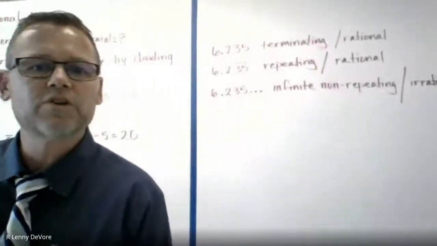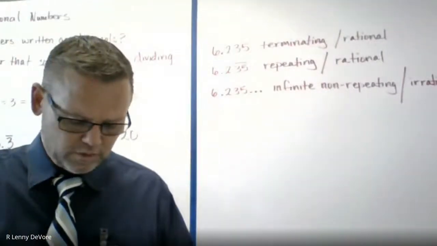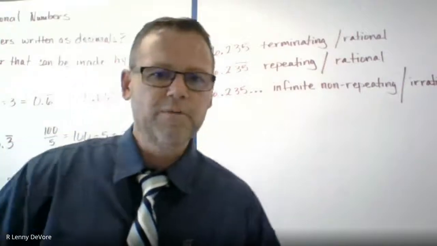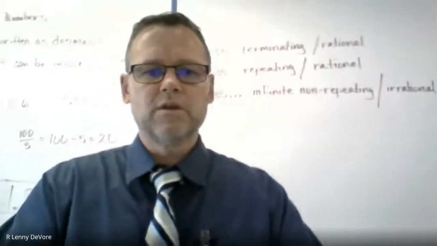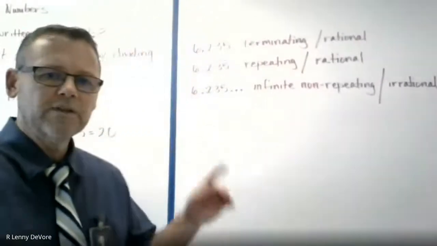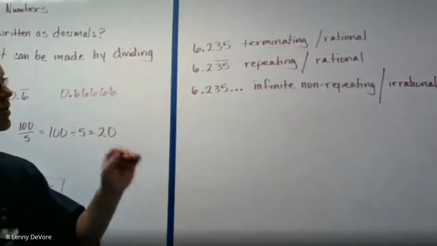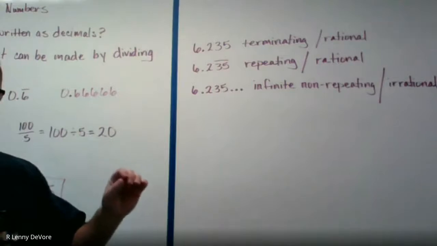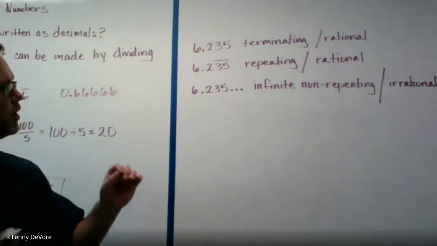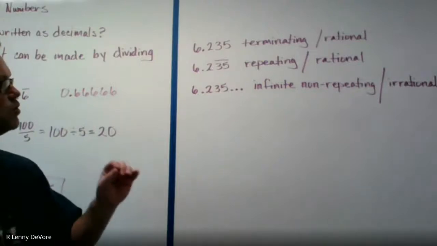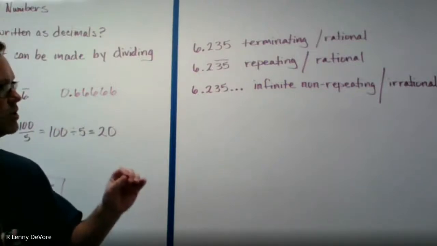So here's what we're looking at. I've got this number, and what I did was I used it every time except I changed it just a little bit so you can see the difference. So you've got 6 and 235 thousandths.